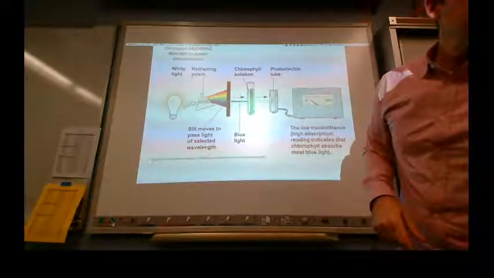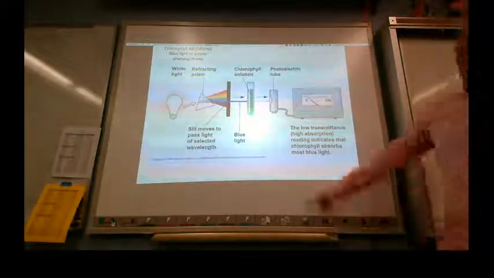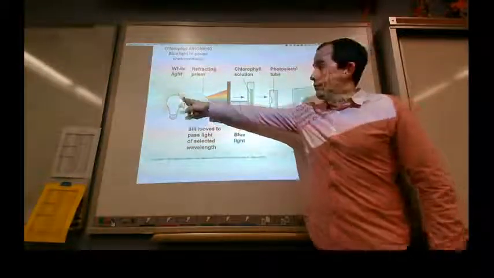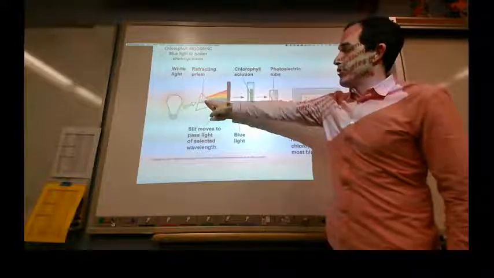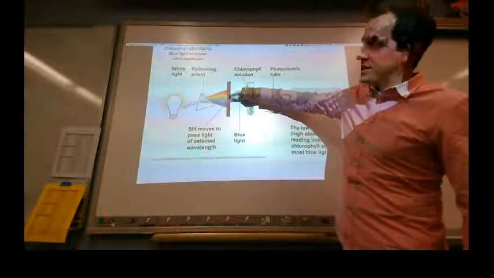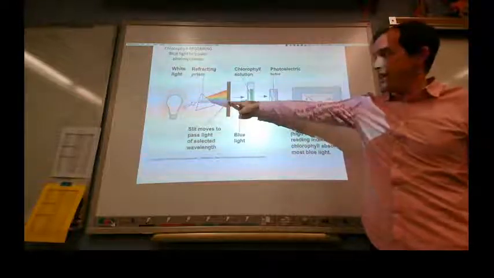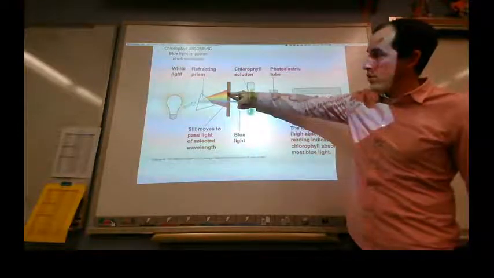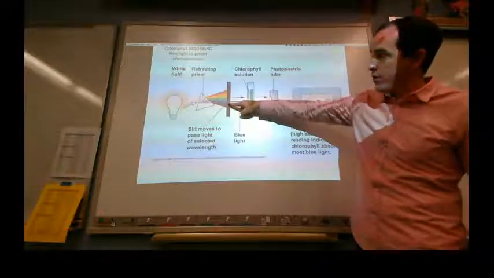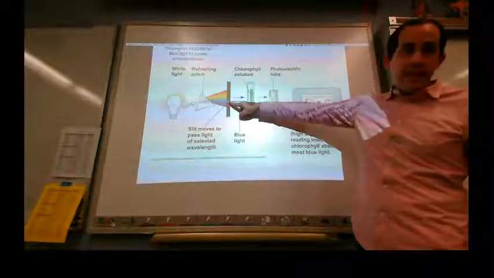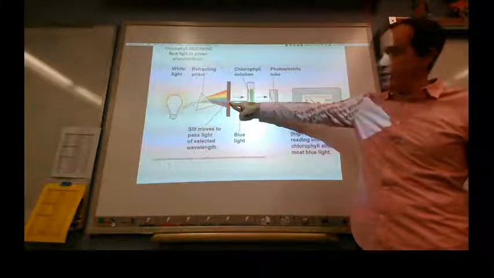So the opposite is, if we do the same thing, we have our light source, we shine it through a prism, but now we move the slit in our little membrane to allow blue light to pass. We could do this with red light or orange or yellow or purple or whatever, but in this case we're going to allow blue light through.